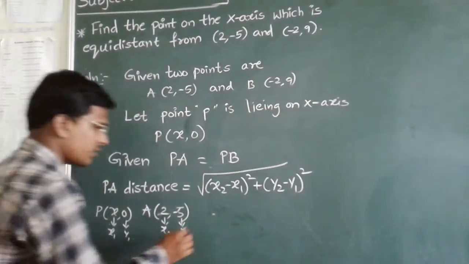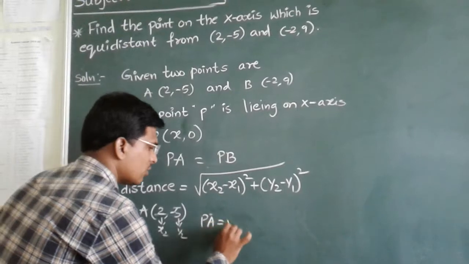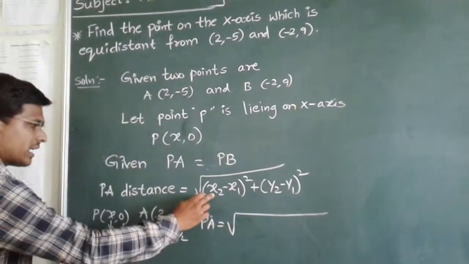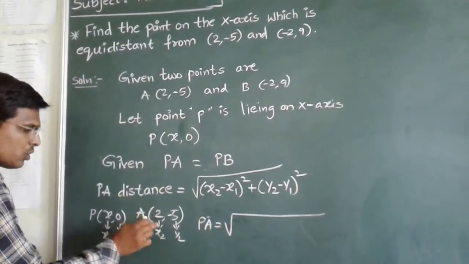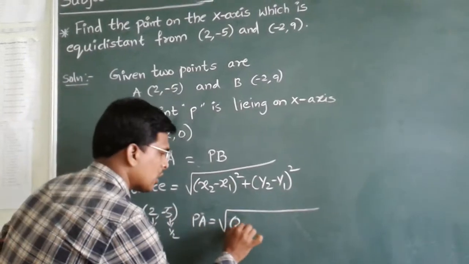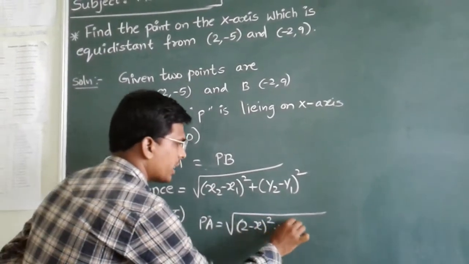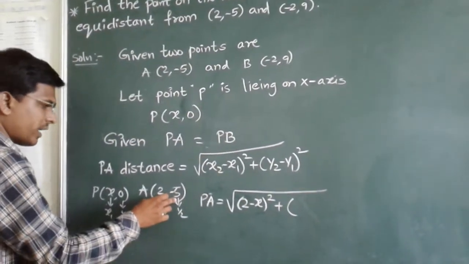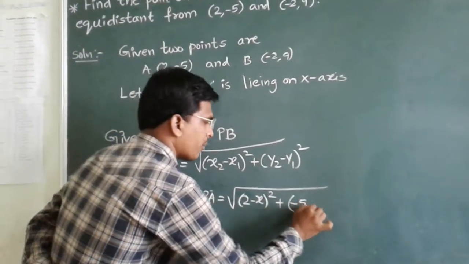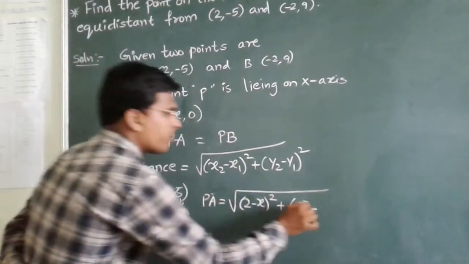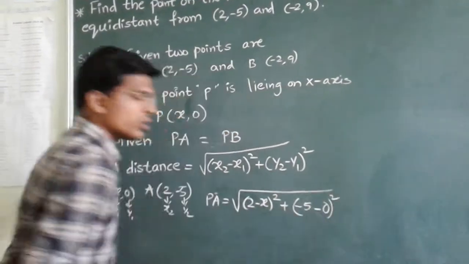Write like this, it will be easy for you. So PA is equal to the square root of (x2 minus x1) whole square: x2 is 2, x1 is x, so (2 minus x) whole square, plus (y2 minus y1): y2 is -5, y1 is 0, so (-5 minus 0) whole square.